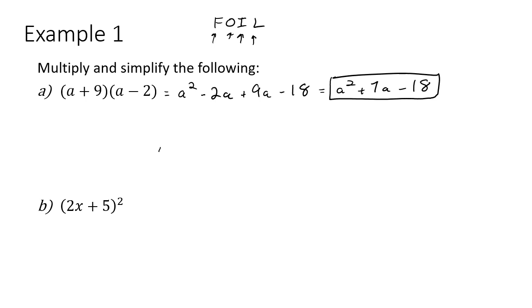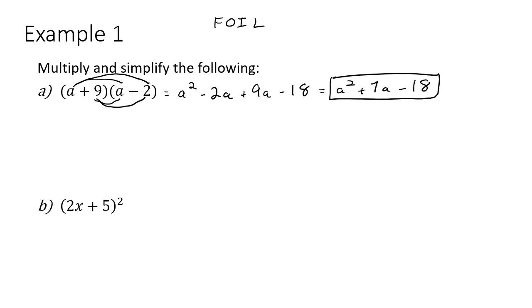And essentially, it's just distribution by parts. So to begin with, you distribute the a in the first binomial through both parts of the second binomial. That's the F and the O in FOIL. And then you distribute the second term, the 9, through both parts of the second binomial. That's the I and the L in FOIL.